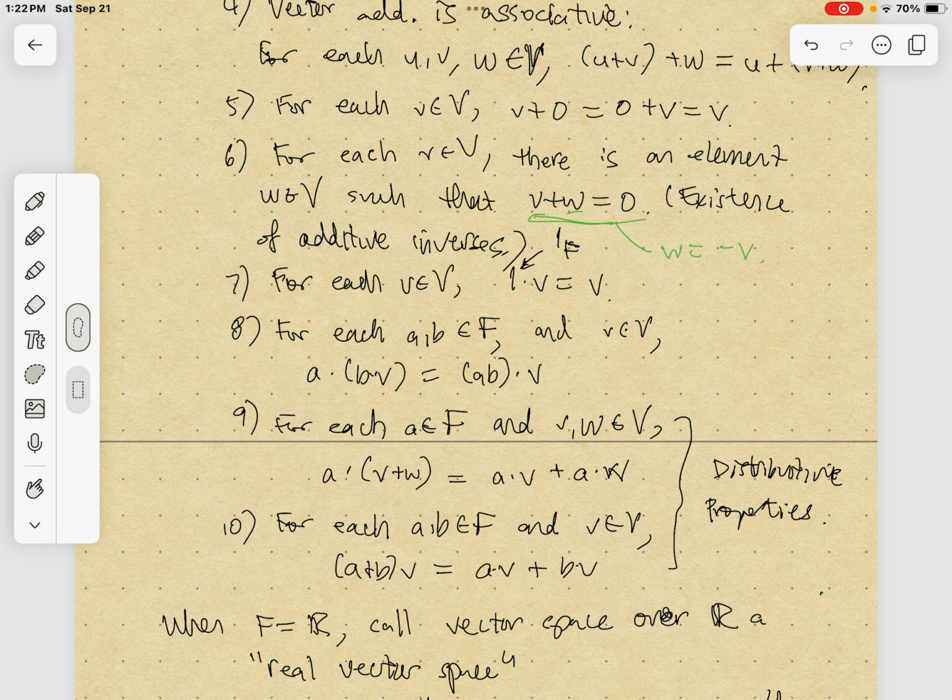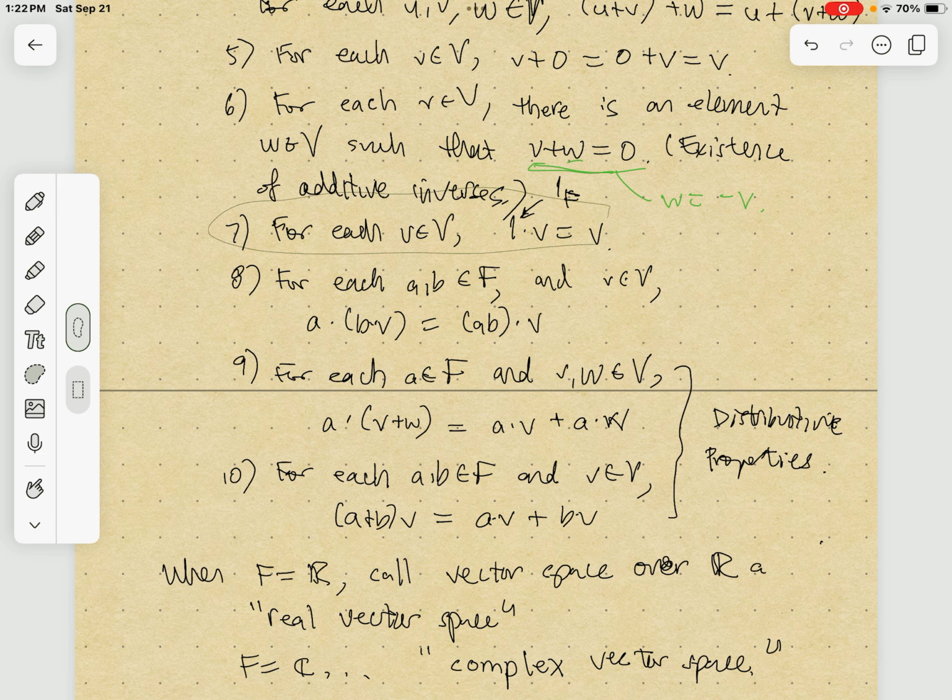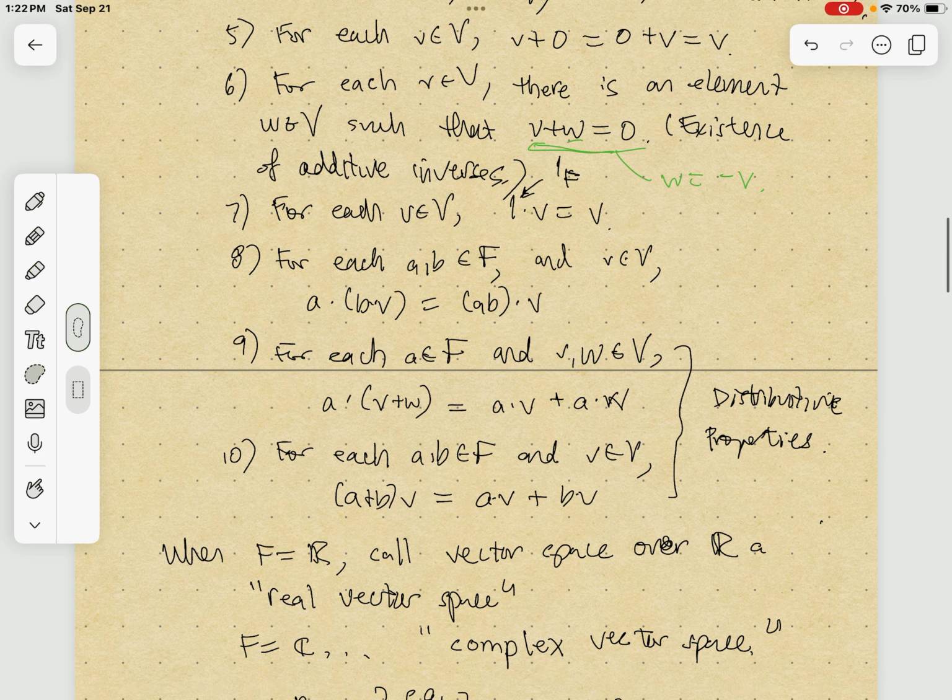So we do need to check property 6. What about property 7? No, we don't. Because if you have an element in S, it itself is an element in V, and so we know that 1 times V will be V.